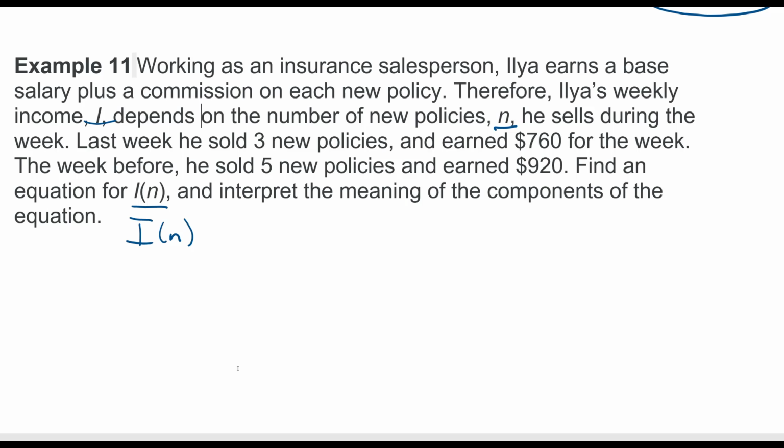Last week he sold 3 new policies and earned $760. So 3 policies correlates to $760. And then the week before he sold 5 policies and made $920. Find an equation and interpret the meaning of the components.